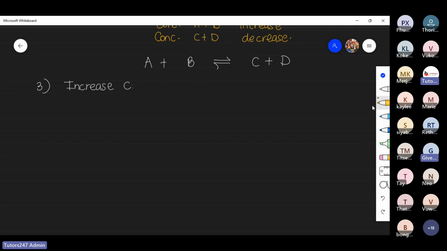We know that because C is increased, it's going to become the reactant, which makes A and B the product. So our equation is going to go from right to left. So the reverse reaction will be favored.